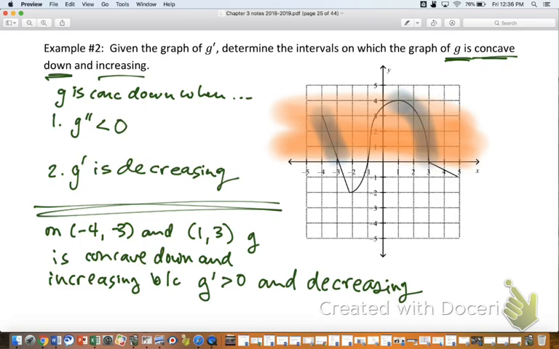And guys, we can keep breaking it down. Think about it like this: as you go from G to G prime to G double prime, aren't you basically saying the slope of G is G prime, and the slope of G prime is G double prime? If you think about it in those terms, you can start to understand. So if G double prime is negative, that really means that G prime is decreasing, which means that G is concave down.